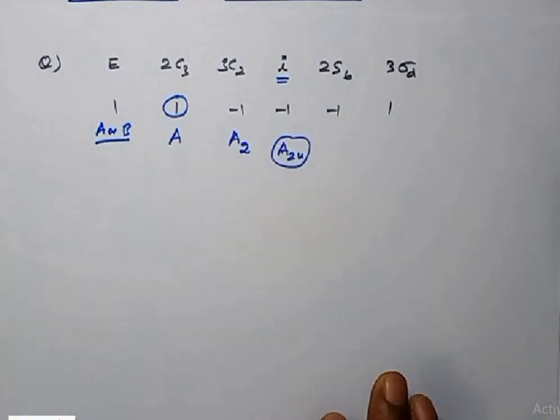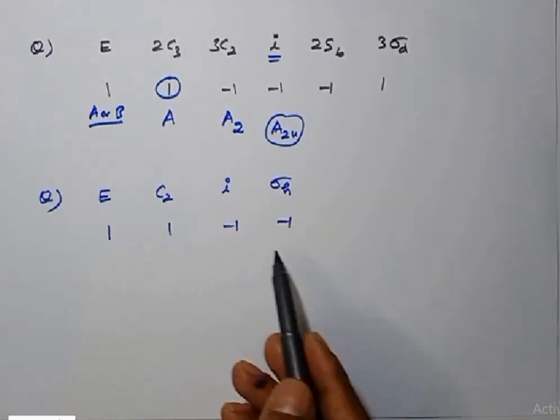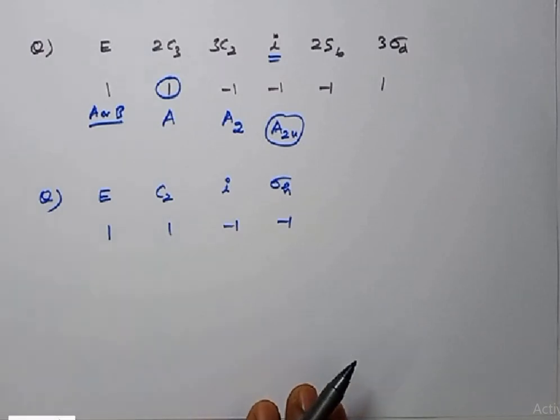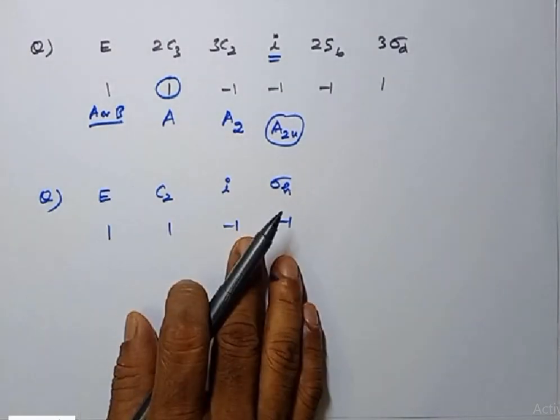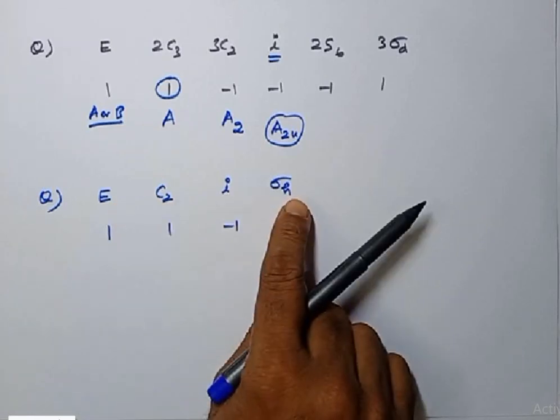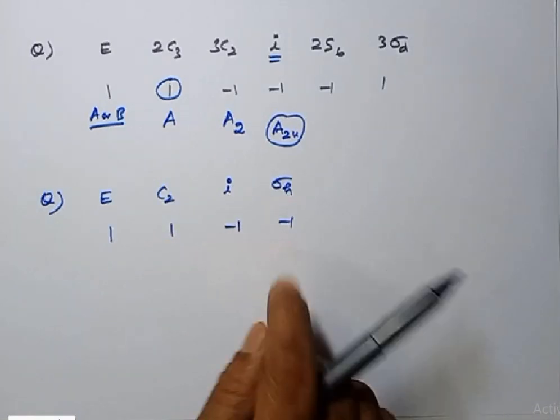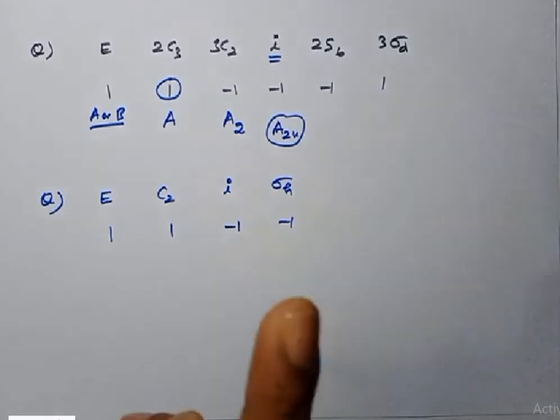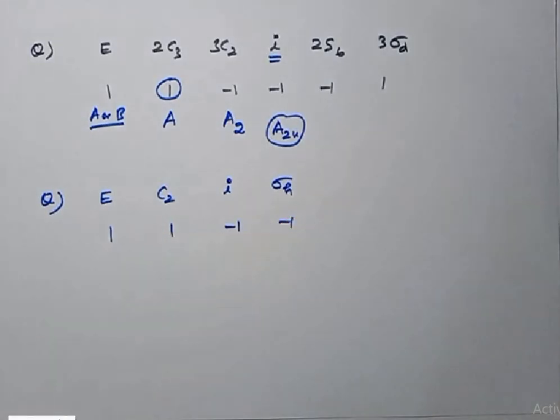Here I have given another question. These are all the operations and their characters. You need to identify the Mulliken symbol for the irreducible representation having these characters.